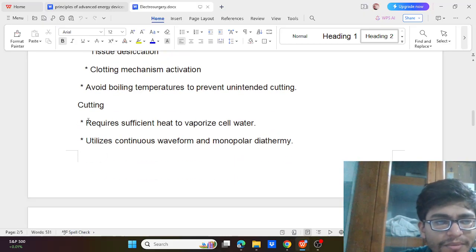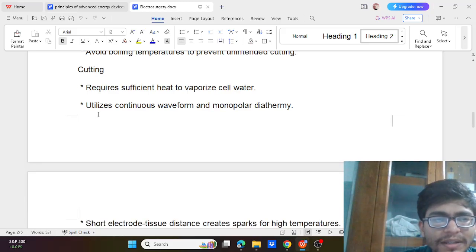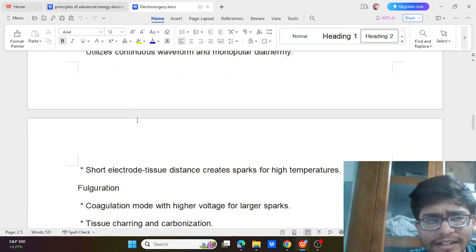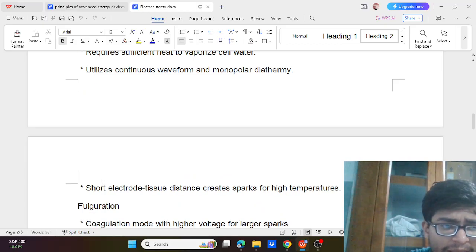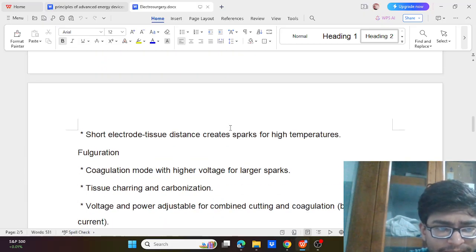Now we see cutting, where we have sufficient heat to vaporize the cell water, and here it uses a continuous waveform and monopolar diathermy. So cutting is through monopolar diathermy; it is not possible with bipolar. Short electrode-tissue distance creates sparks for high temperature, which is used in cutting.